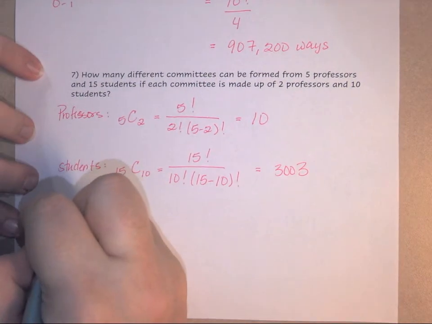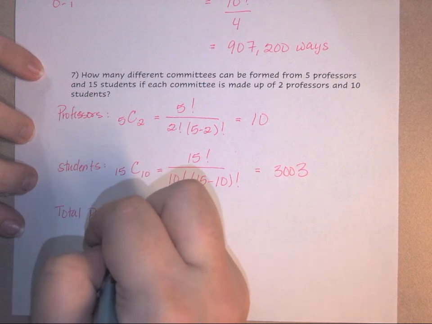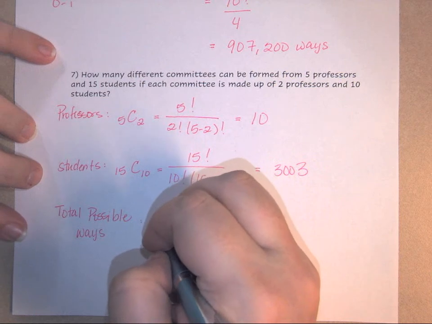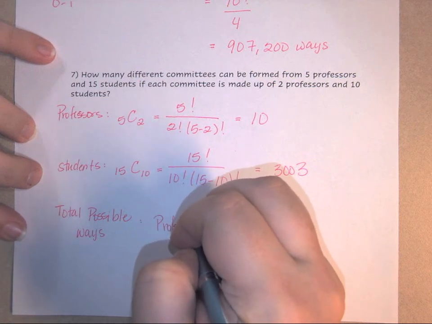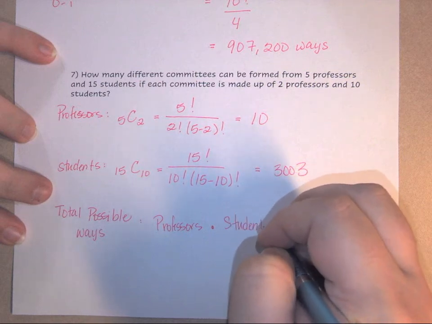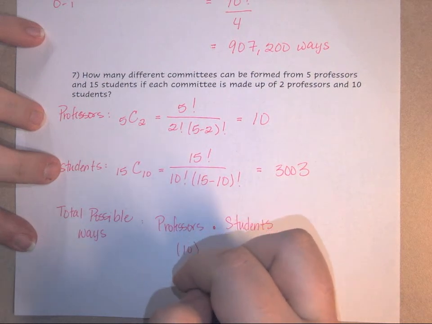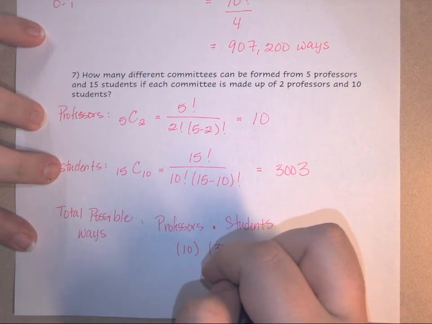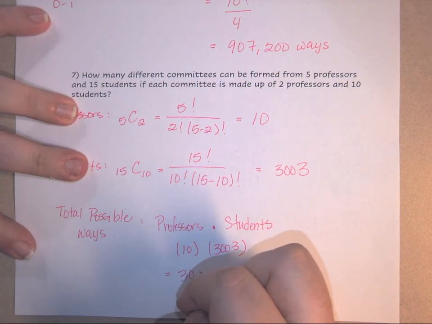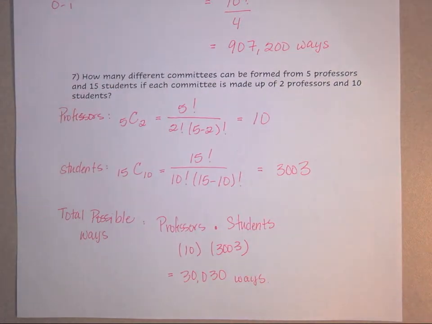So in order to find my total possible, I have to take my professors and multiply that by my students. So in this case, I have 10 times 3003. This gives me 30,030 ways that I could create committees.